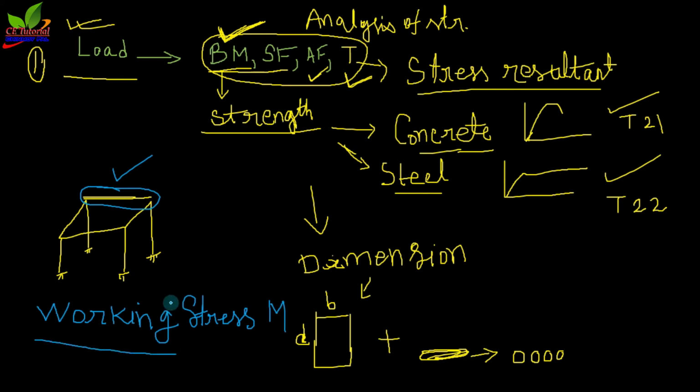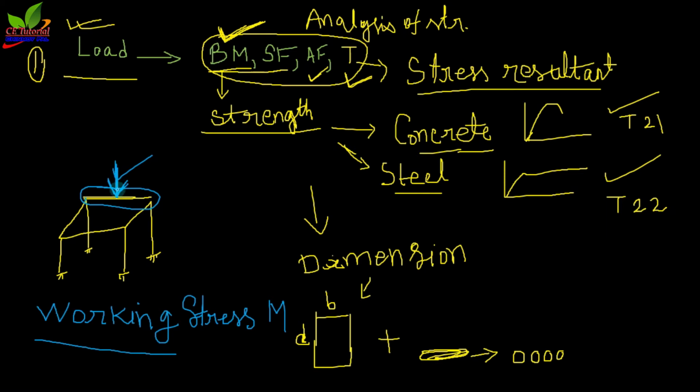Working means working condition. When the beam is in working condition, that means in the lifespan of the beam, the load which is coming on this beam is the working load actually.